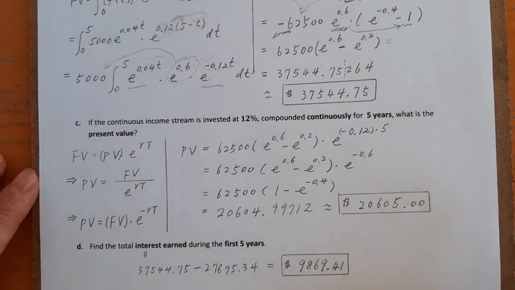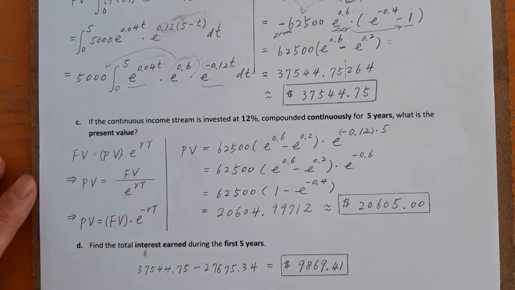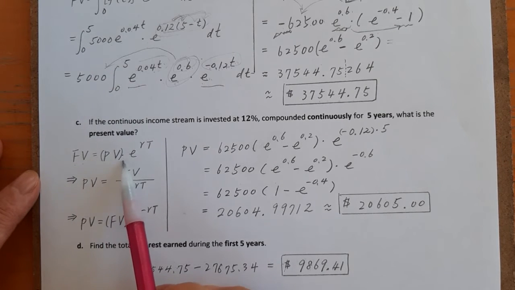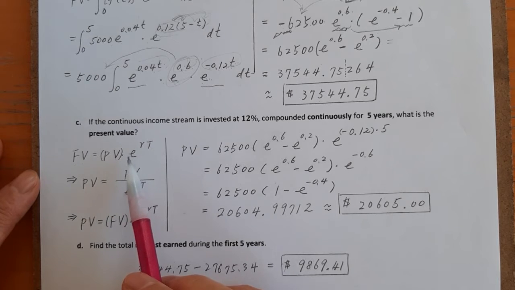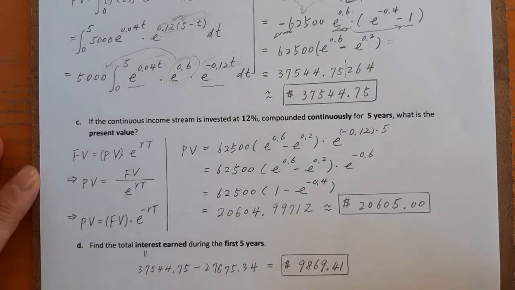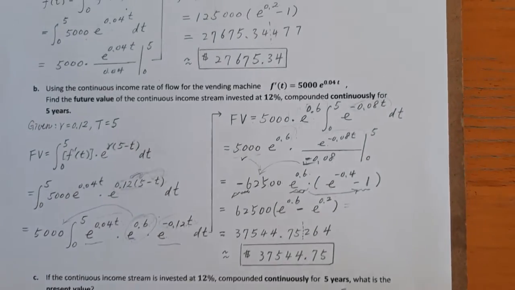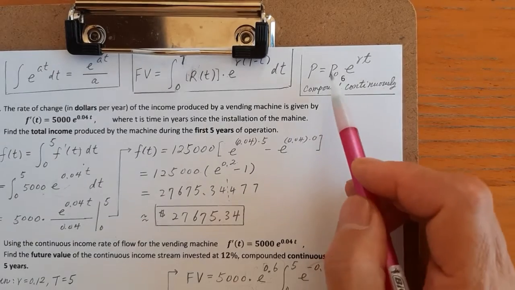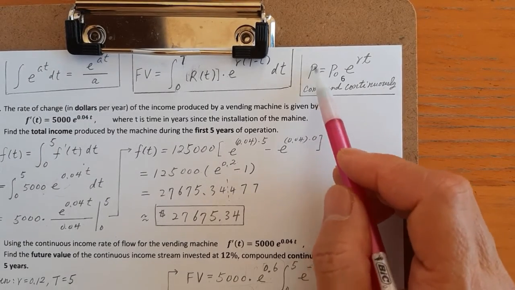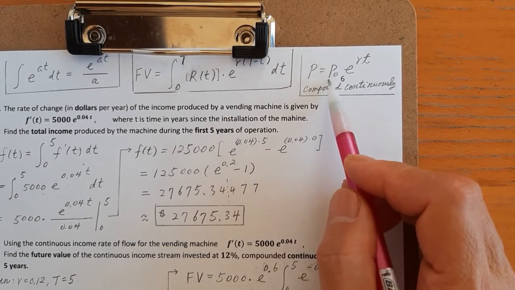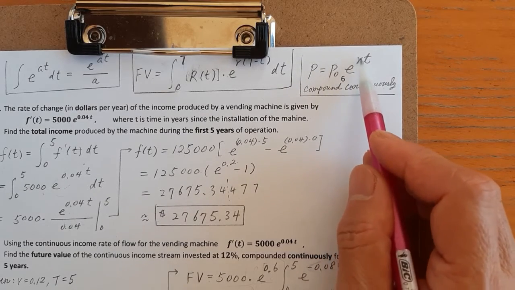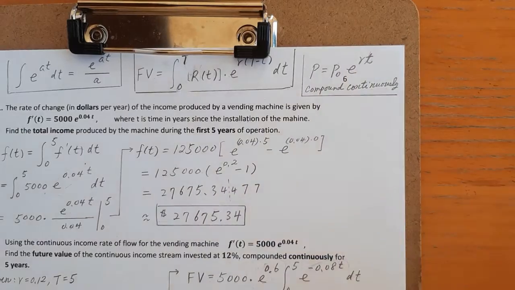And now, what is the present value? The present value and the future value are related by the compounded continuously formula. This one. Compounded continuously formula: the amount after t years is initial value P0 times e to the power RT after t years.